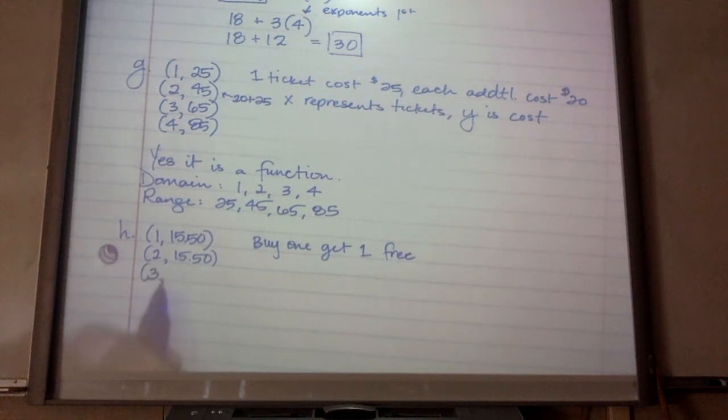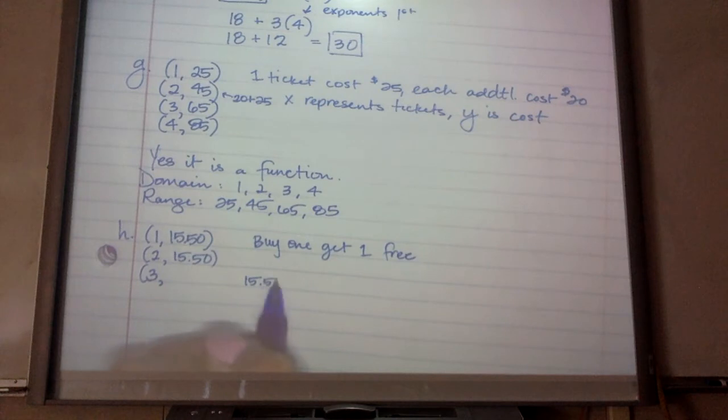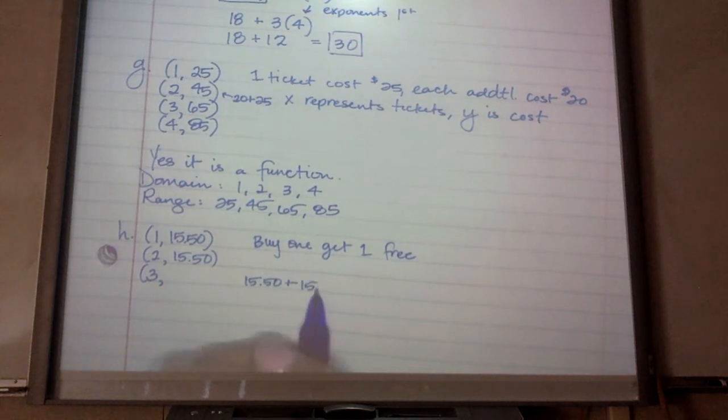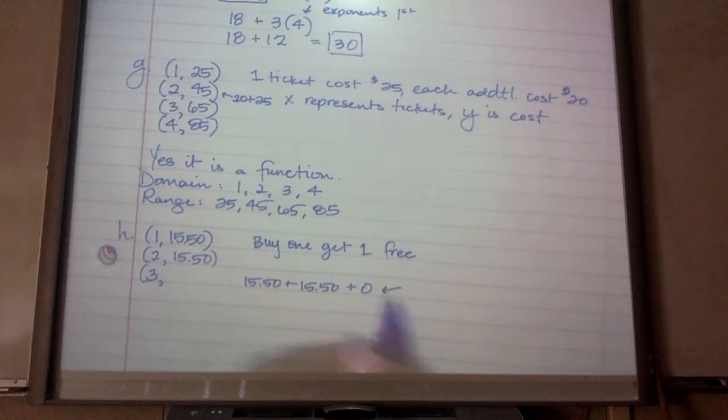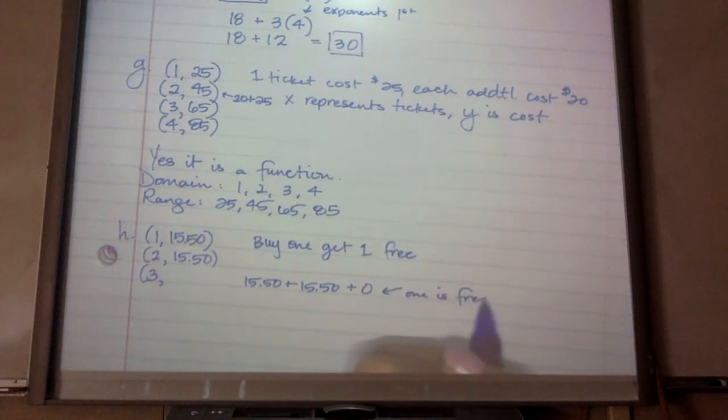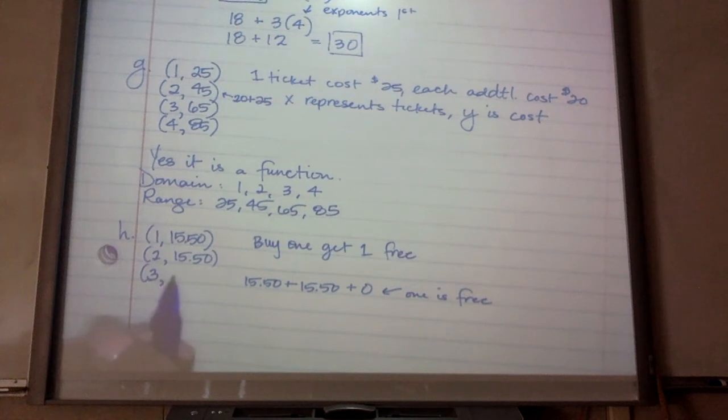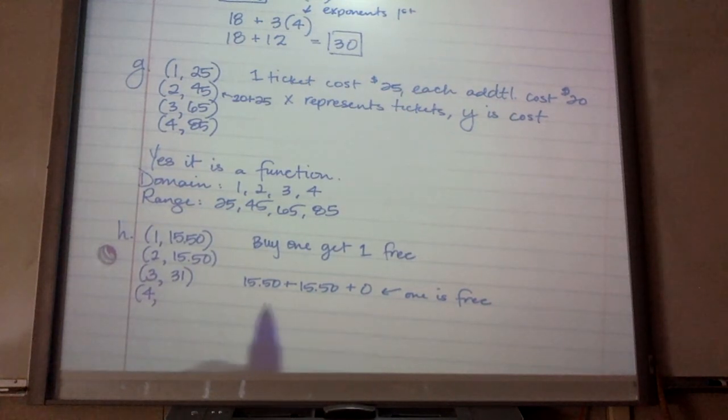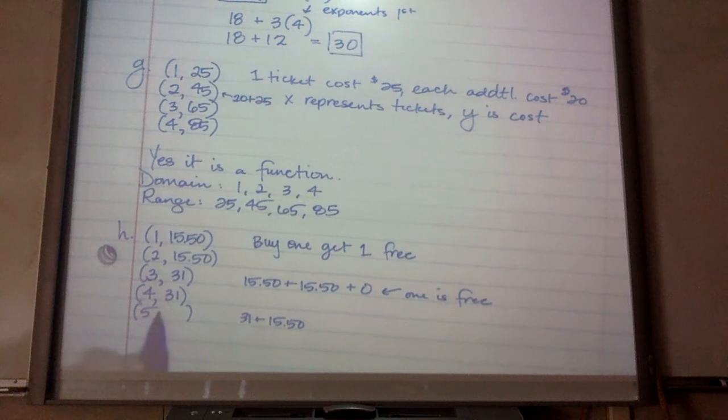If I buy 3 t-shirts, that's $15.50 plus $15.50 plus 0. 1 is free. So this here would be $15.50 plus $15.50, which is 31. If I buy 4 t-shirts, I'm actually only paying for the cost of 2 of them, right? Because then I would get another free one. So this is still 31. If I buy 5 t-shirts, that's 31 plus $15.50, so that would be, I believe, 46.5. And 6 would still be the same. I would just get a free t-shirt.